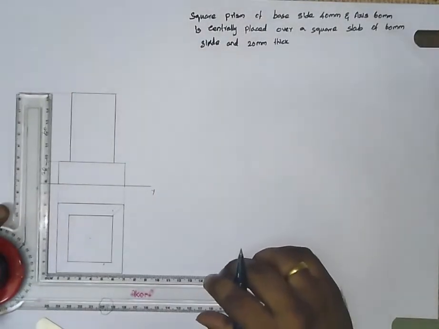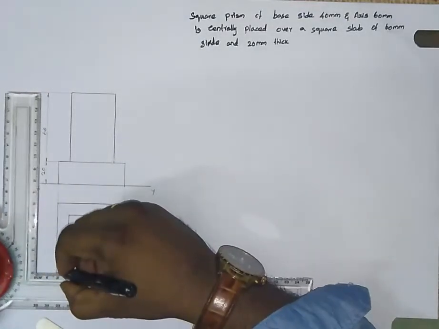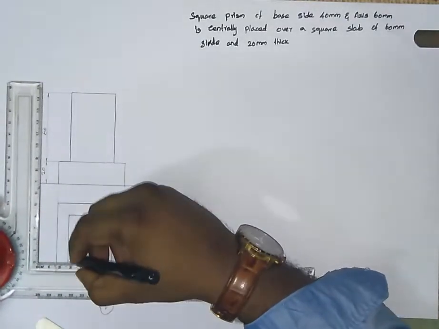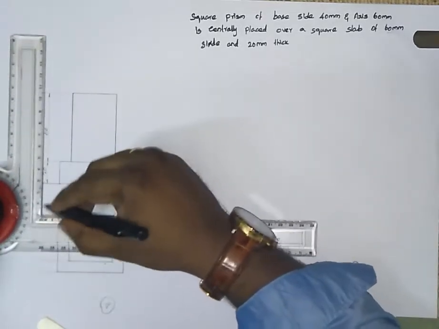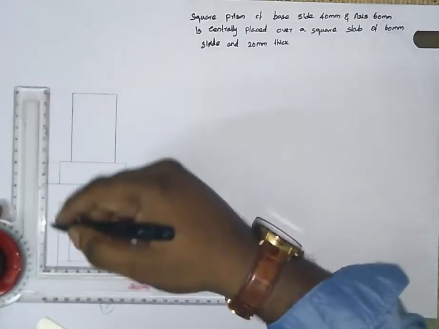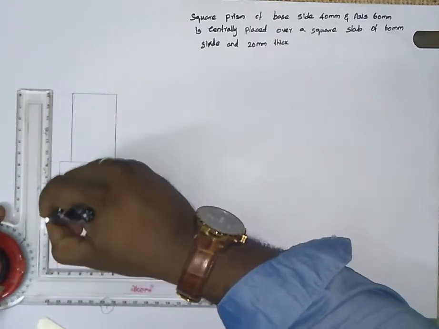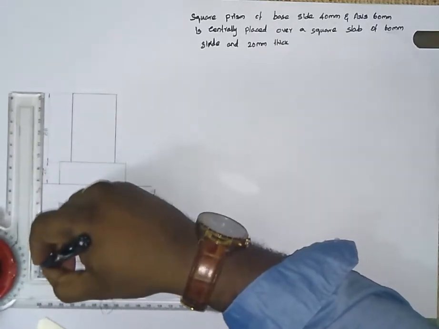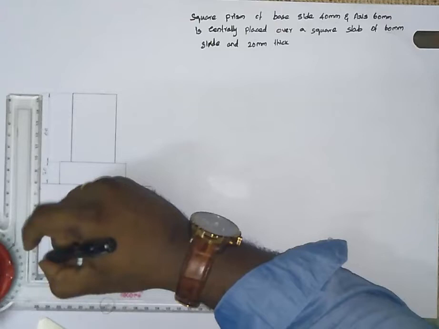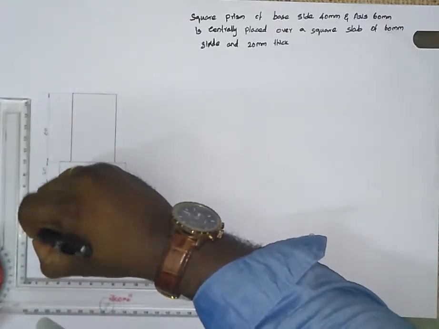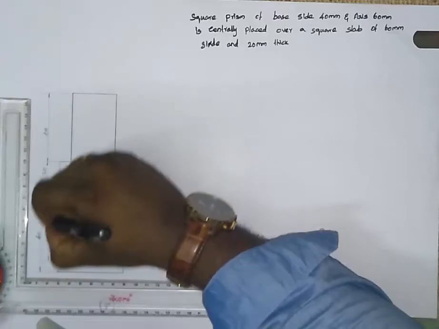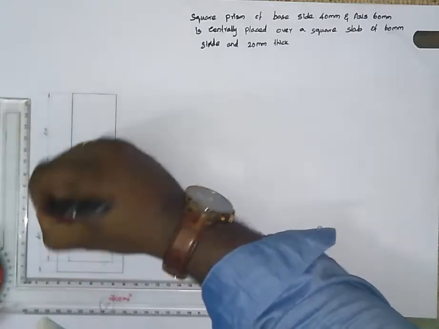Similarly, the side of the square prism is 40 and the slab is 60. So this is your simple position.